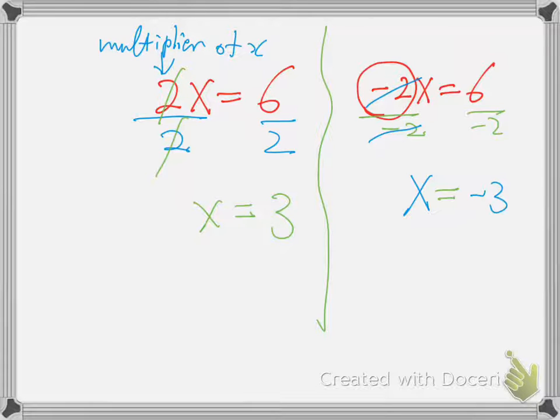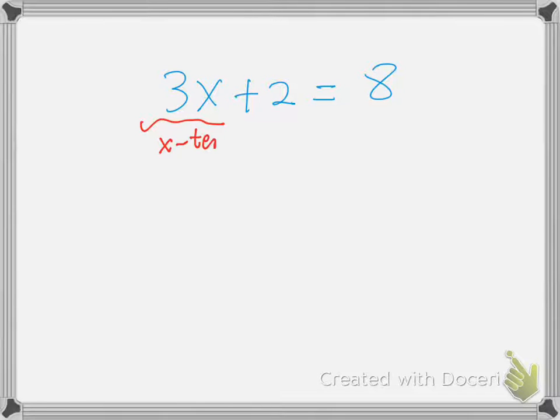Now let's look at an example that puts them together. Let's say 3x plus 2 is 8. How many terms do we have on the left hand side? We have 2 terms. This is the x term, and this is the number term.